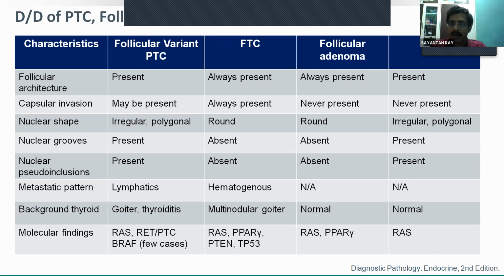Regarding the metastatic pattern, again, in follicular adenoma and NIFTP, there is no question of metastasis. And usually, they develop in a normal background thyroid. So that's why NIFTP actually almost behaves like a follicular adenoma, and it carries a very low risk of malignancy. However, we need to differentiate between follicular thyroid cancers and a follicular variant of PTC.